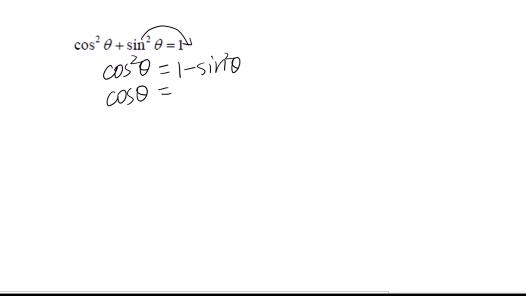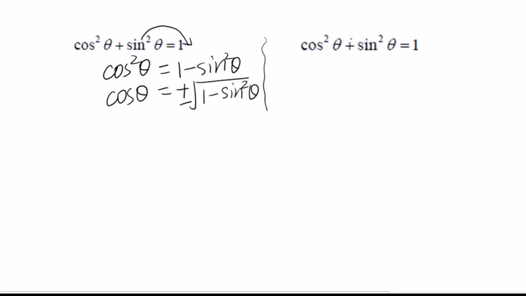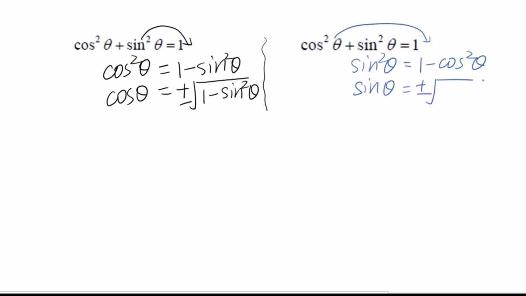You will get cosine theta equals plus or minus the square root of 1 minus sine squared theta. And if we subtract cosine squared theta from both sides, you will get sine squared theta equals 1 minus cosine squared theta, and sine theta equals plus or minus the square root of 1 minus cosine squared theta.